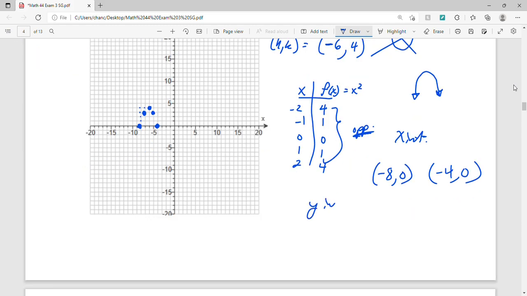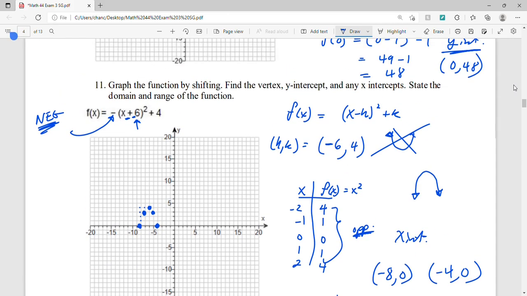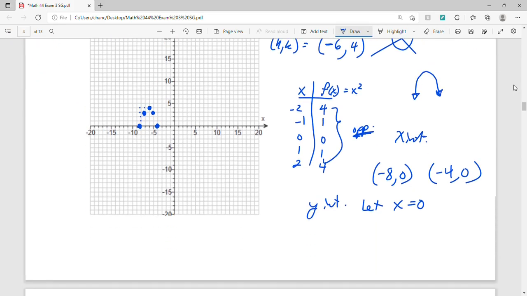To find the y-intercept, you're going to let x be equal to 0 in the original function. So we're going to plug in a 0 for the x here. F of 0 equals negative 0 plus 6 squared plus 4.